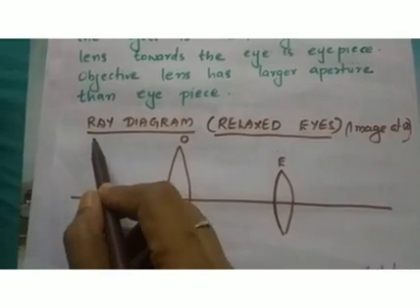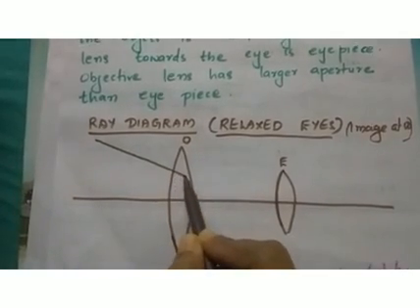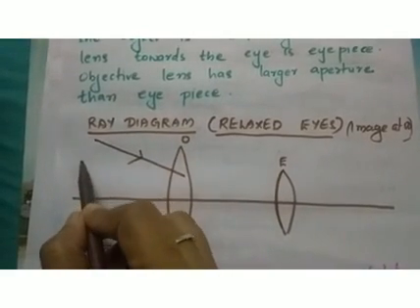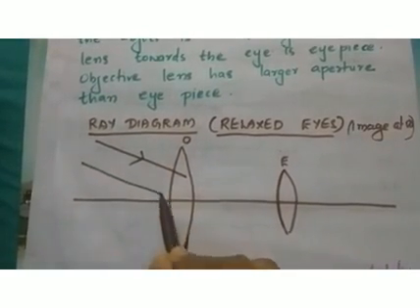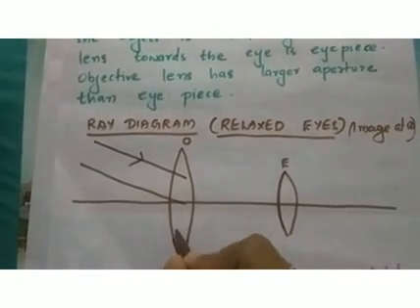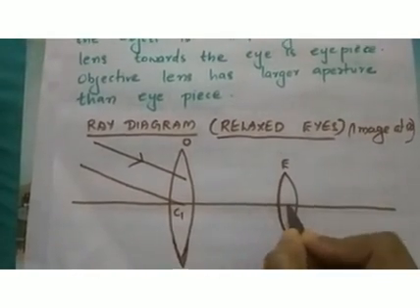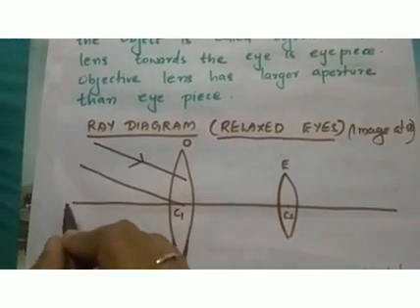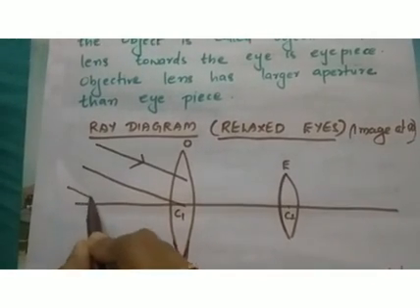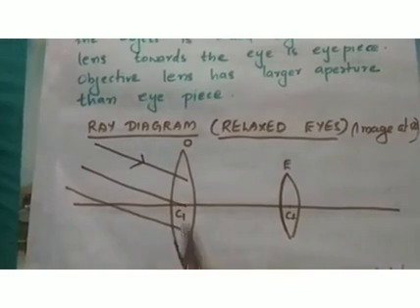Now suppose this is one parallel ray, and consider another ray which passes directly through the center of the lens. Let this be C1 and let the center be C2. Now consider another ray which will move like this.